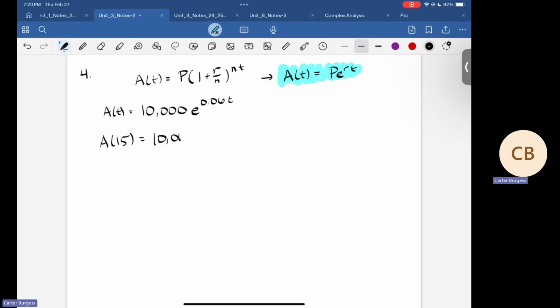So 10,000 times e to the 0.06 times 15, which I get is 10,000 e to the 0.9. I get that this is going to be $24,596 and a whopping 3 cents.